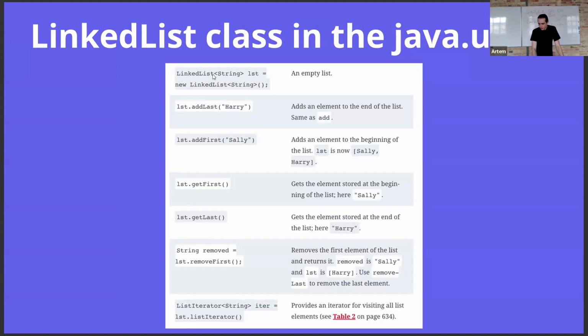So in those angle brackets, we can pass not an object but a class, a data type that will be the element in our linked list. We can add last, add first, get last. We can remove elements. And I will show you. Let's go through those elements and create this linked list.